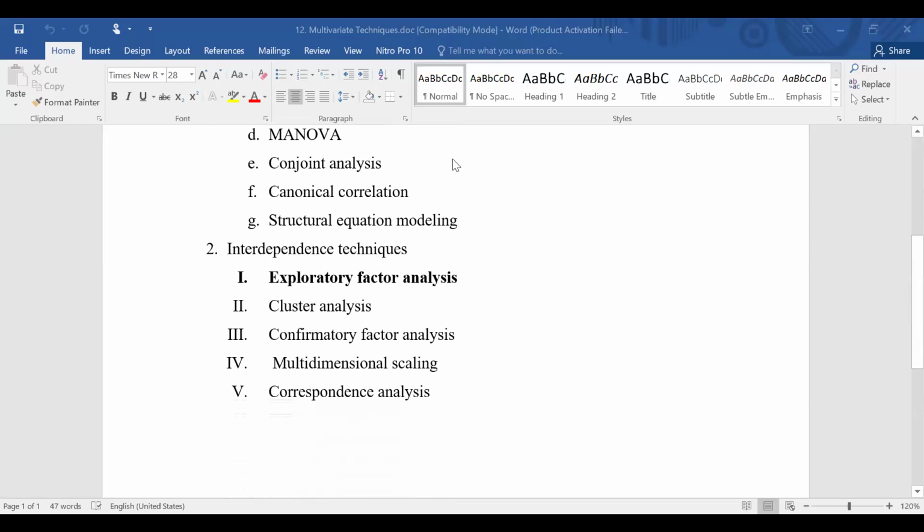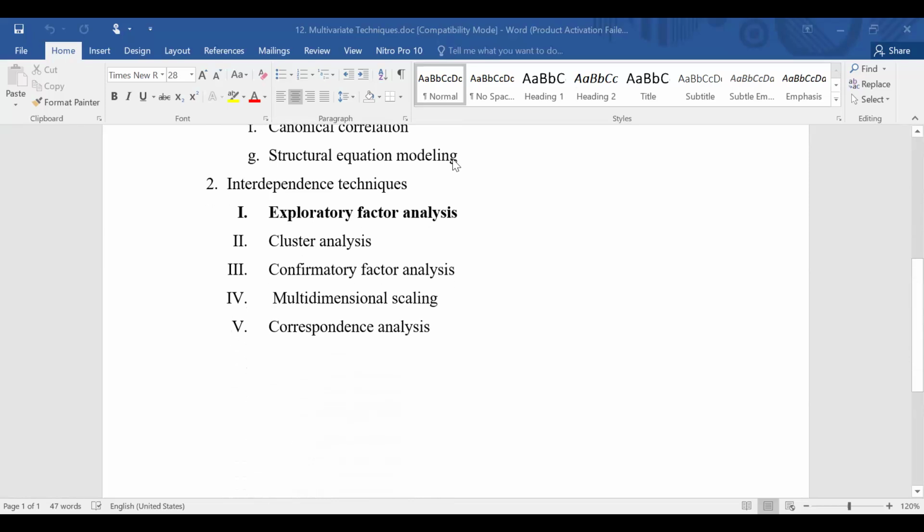But in the interdependence technique, although it is a multivariate technique, our purpose is not to find out the relationship between dependent and independent variables, but to find out the segmentation of groups. So through these techniques, we can create groups, segmentation. We can segment our data into 3 or 4 strata.